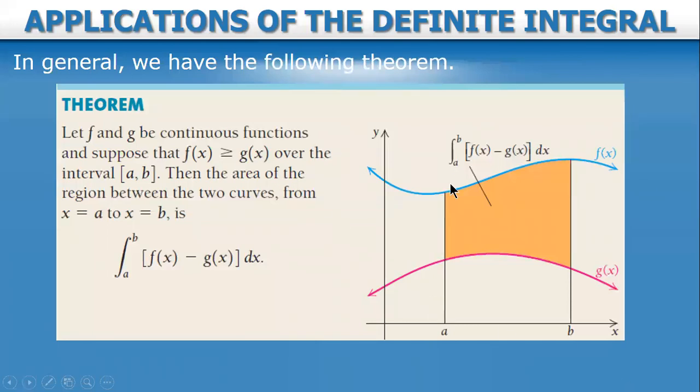So in general, we have the following theorem. Let f and g be continuous functions and suppose that f of x is greater or equal to g of x over the interval a b. Then the area of the region between the two curves from x equal to a, x equal to b is the integral of f of x minus g of x dx from a to b, assuming that f of x is greater than g of x.